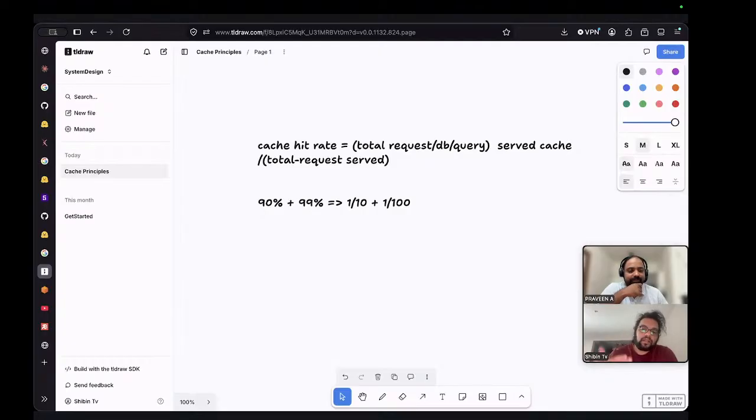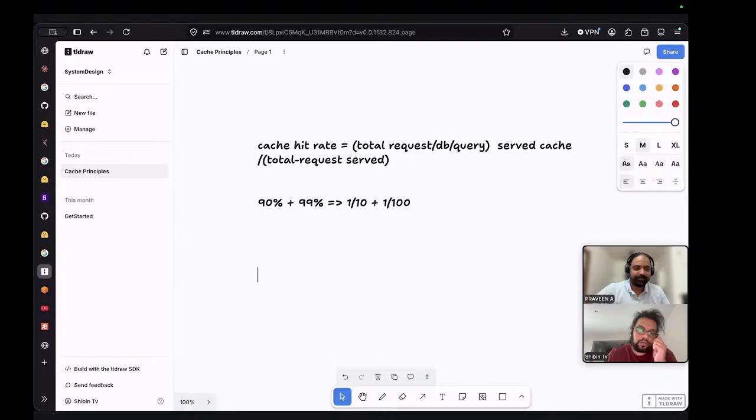So let's get started with the first one: what are the algorithms we can use to determine, if your cache is full, which item should be removed and replaced with a new one?